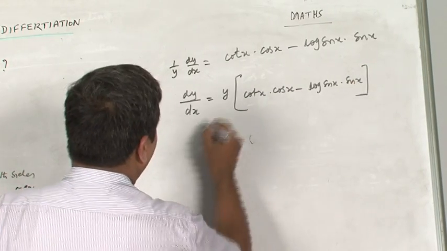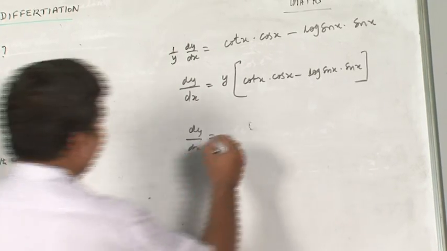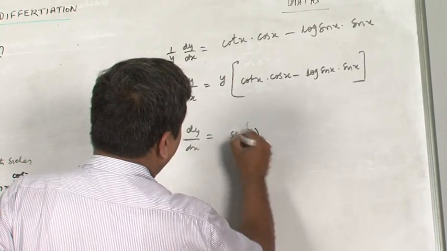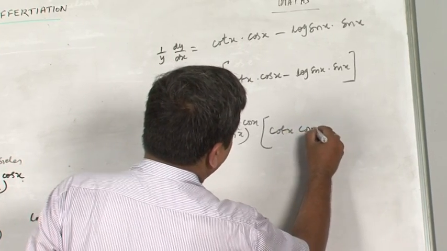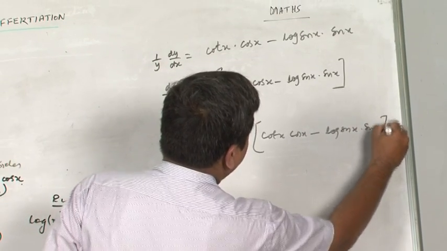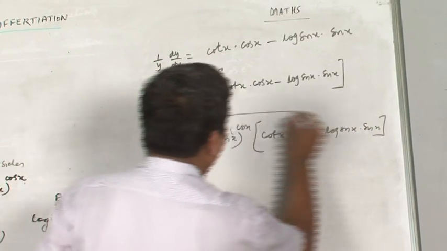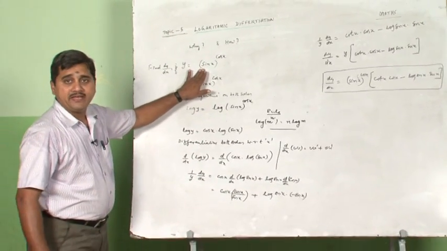Now y is replaced by its earlier function, sin x to the power of cos x, into cot x cos x minus log sin x into sin x. This is the result of the problem for dy by dx.